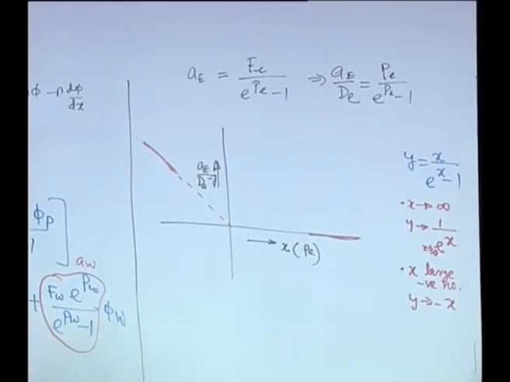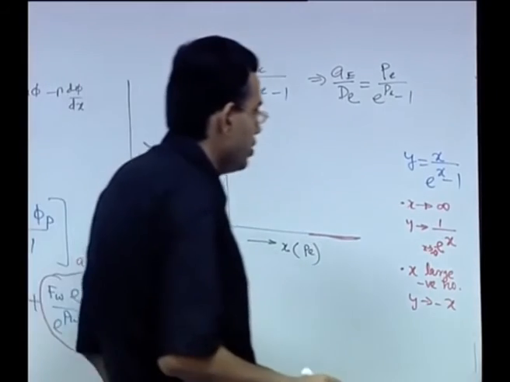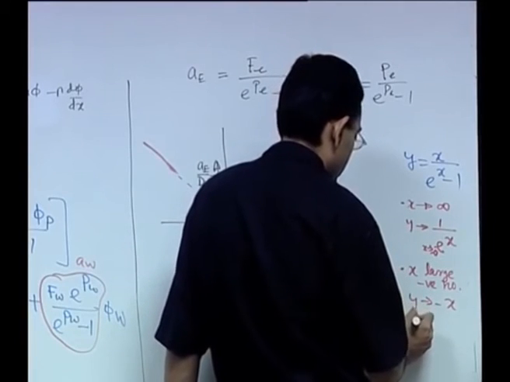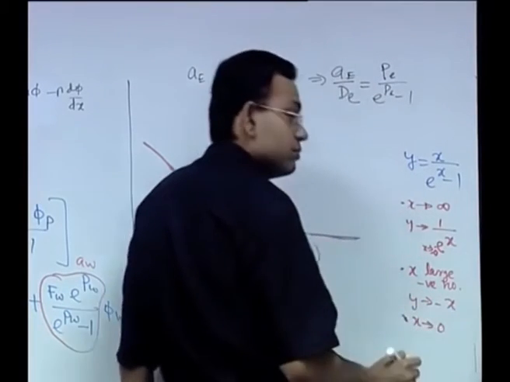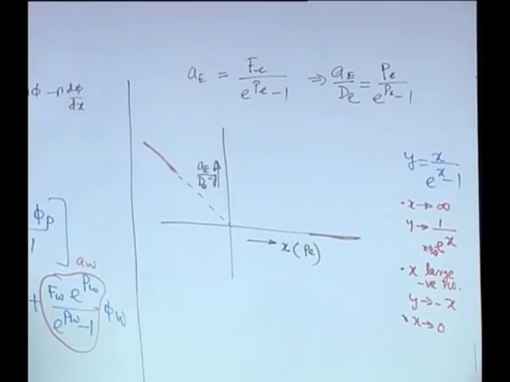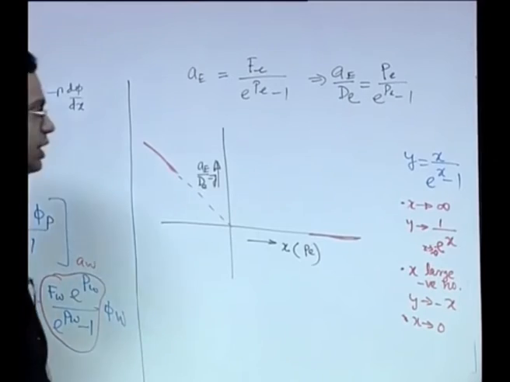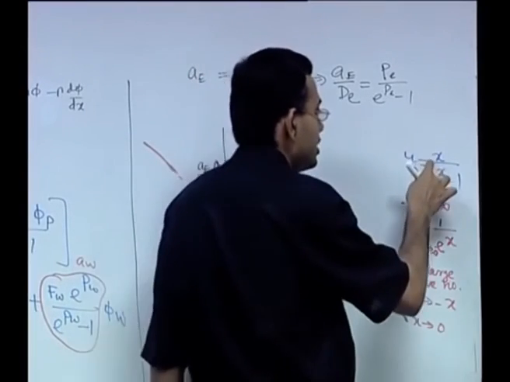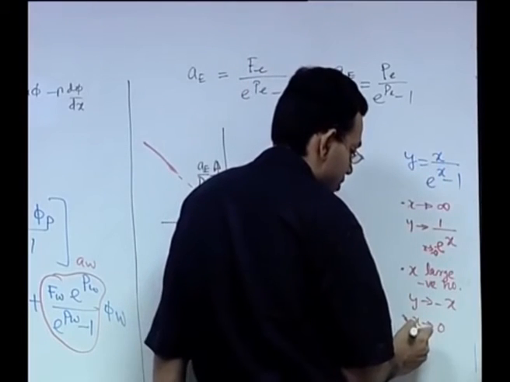And what is the value of the function when x tends to 0? In the limit as x tends to 0, y tends to 1, that is the limit x tends to 0 of x by e to the power x minus 1.